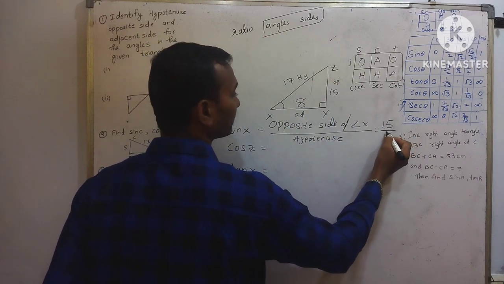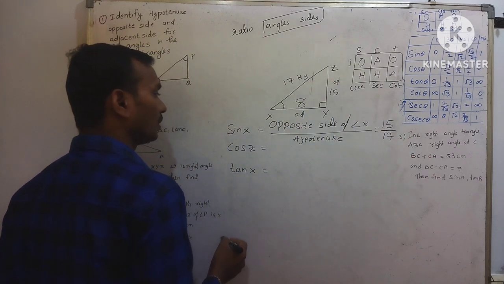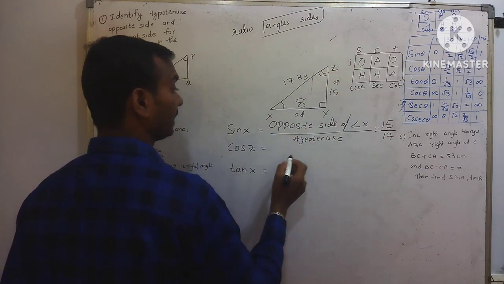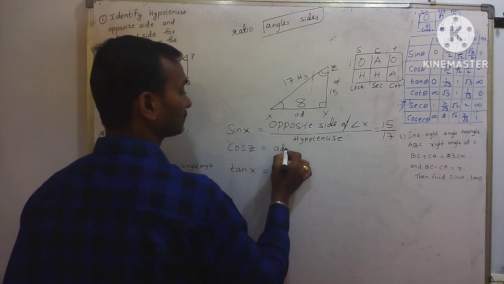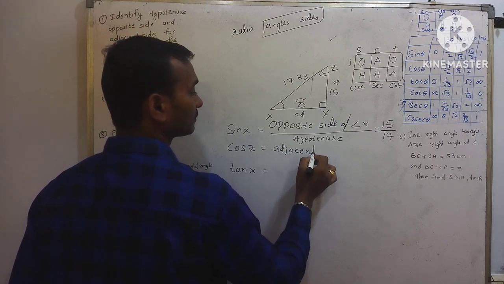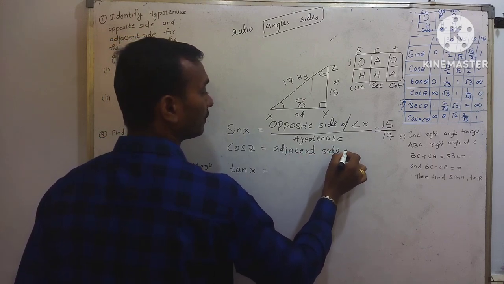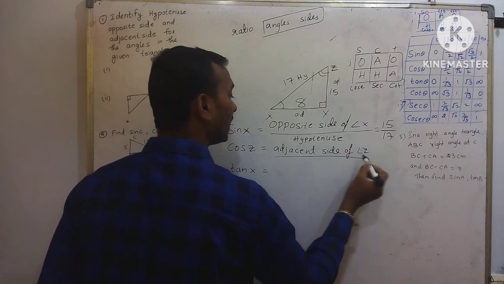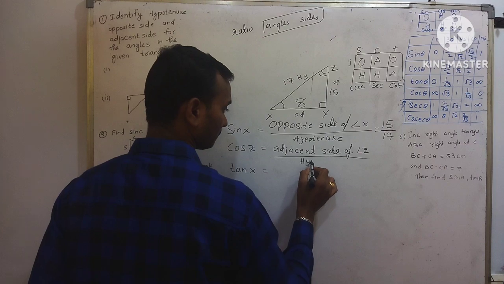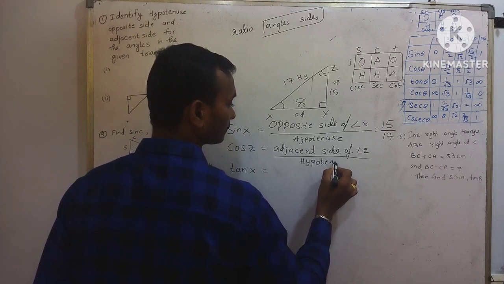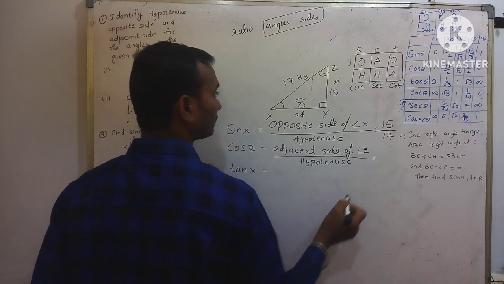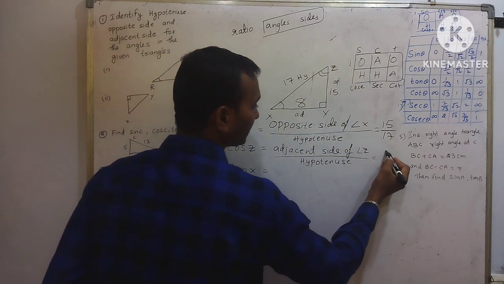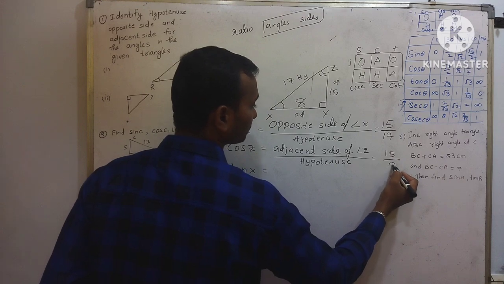Hypotenuse becomes 17. 15 by 17 is the answer for this. Cos Z means we have to observe from this point. Adjacent side of angle Z by hypotenuse. Adjacent is again YZ only, that is 15 by 17.